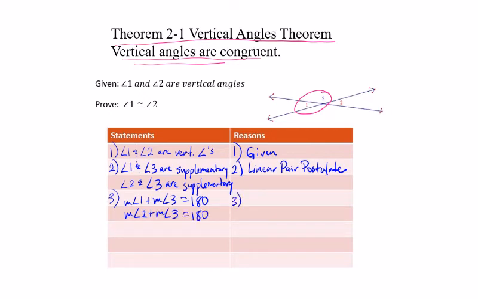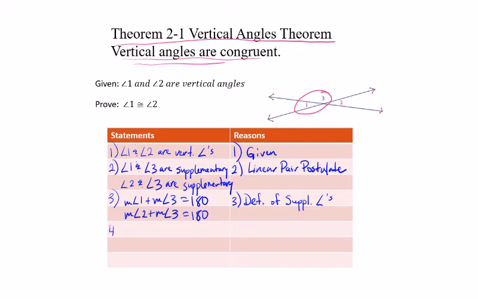The reason why is the definition of supplementary angles. Supplementary angles add up to 180. Once again, you can just explain and say supplementary angles add up to 180.